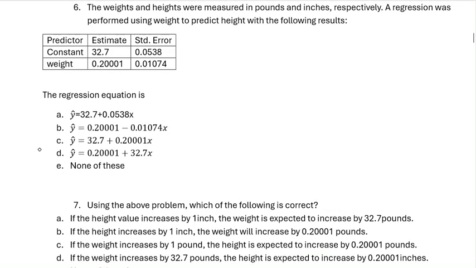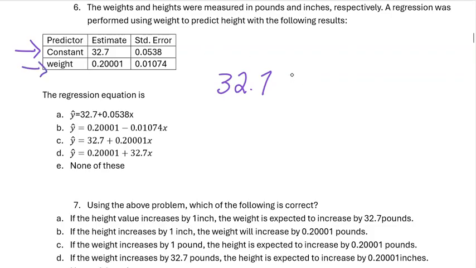The weights and heights were measured in pounds and inches respectively. A regression performed using weight to predict the height with the following results. Okay, the regression equation is, remember, next to the word constant is the y-intercept. And next, the word under that is the x variable.